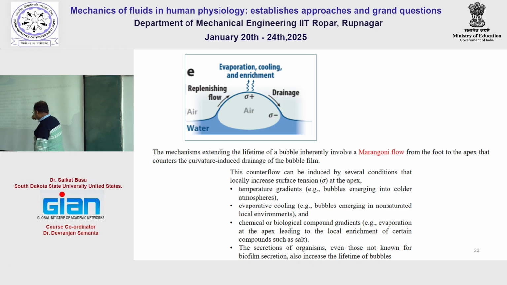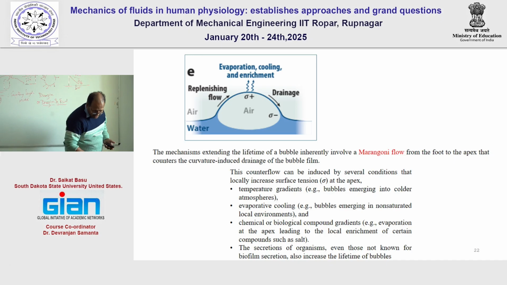Maybe there are chemical or biological compounds which are reducing the surface tension. That again leads to variation in the surface tension. And sometimes it has been seen that bacteria can secrete some biopolymers which lead to a change in the surface tension of the base fluid. That can also help in this sort of Marangoni flow.